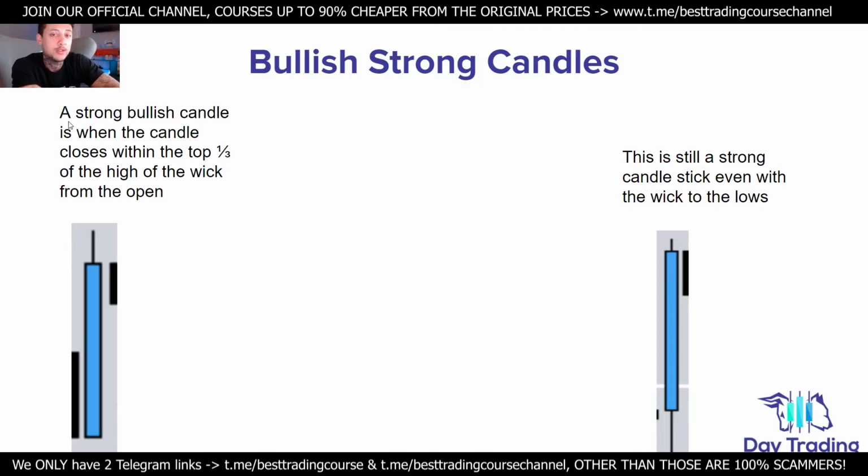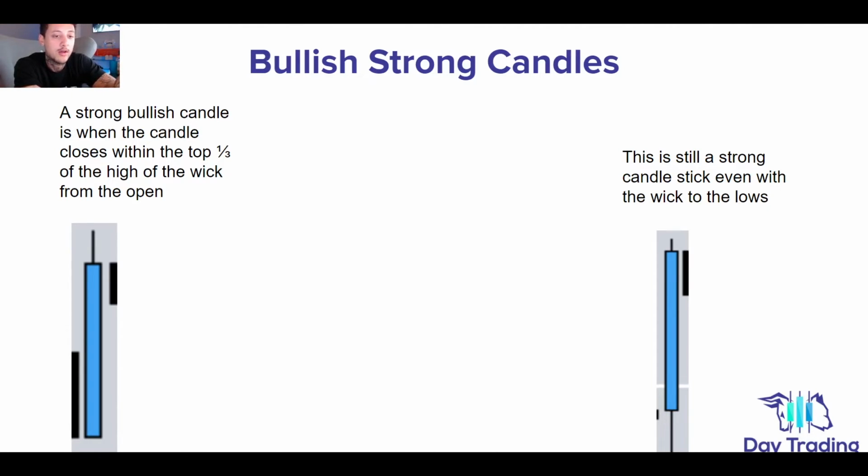Now, what I like to do is divide the candlesticks into 3, right? So we have a total of 100% of a candlestick, but we divide it into 3. A strong bullish candle is when a candlestick closes within the top third of the open to the high of the wick, right?